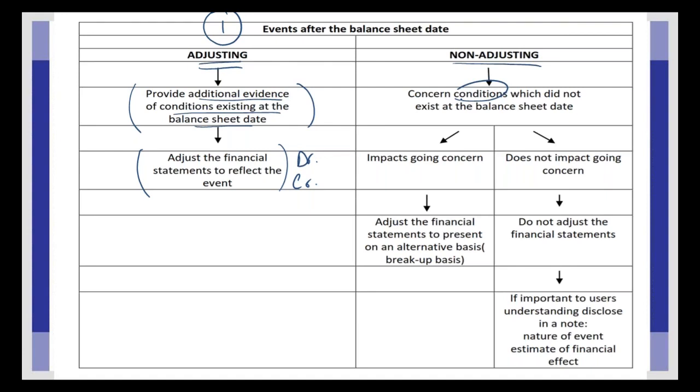Now, this revision has to be slightly more detailed for non-adjusting events. Sometimes the non-adjusting event is so huge that because of this event, the client might not be a going concern anymore. So for example, I'm a manufacturing company.